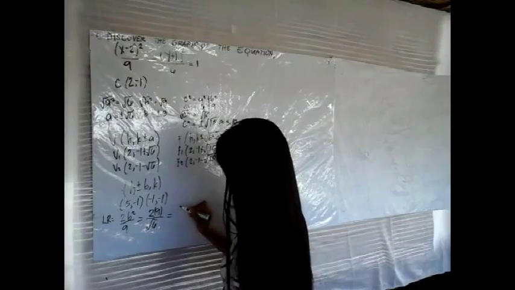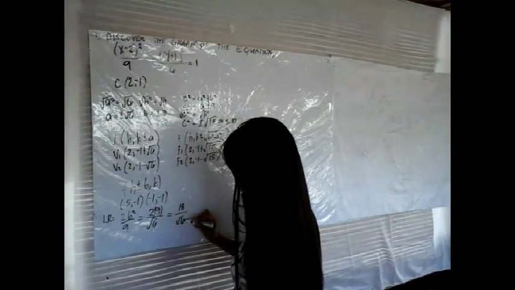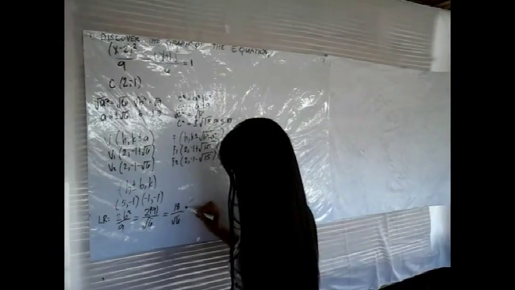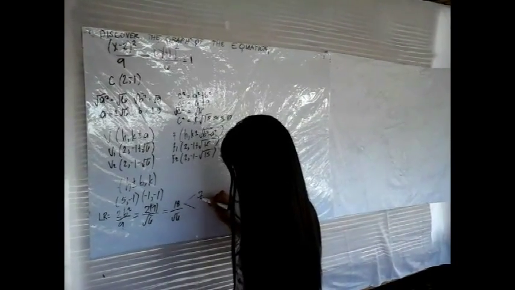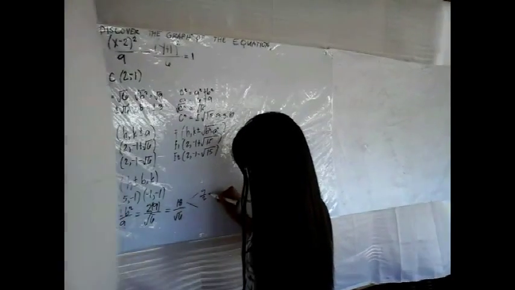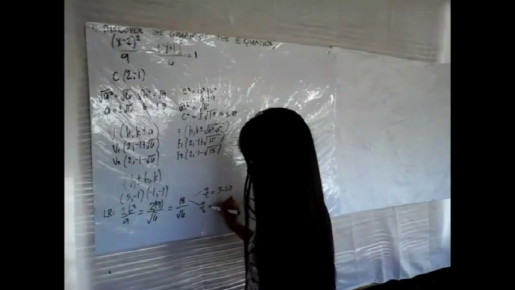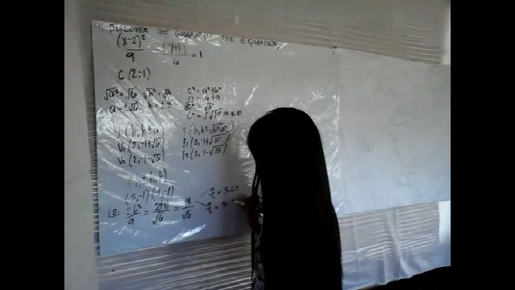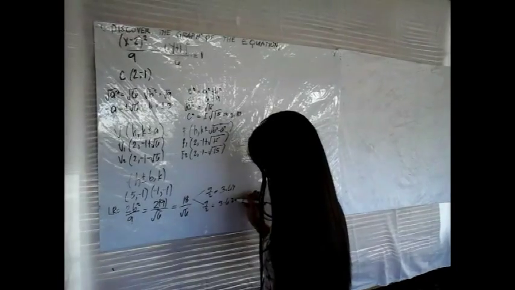Equals 2 times 9 is 18 over square root of 6. By having half of 18, we have 9 over square root of 6, which is equal to 3.67.